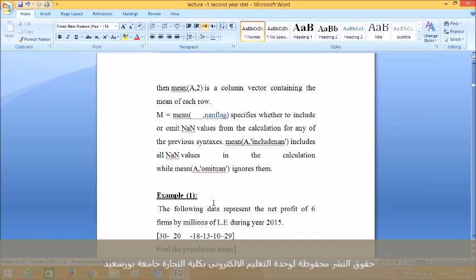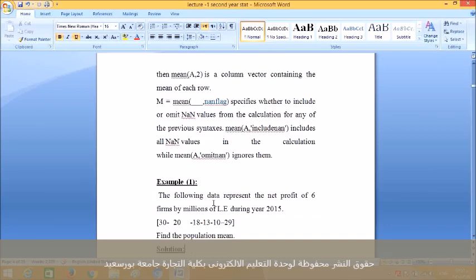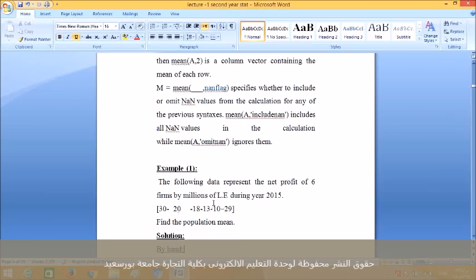Find the population mean, means it's not a sample, it's not a part of population, but these are all elements in the population, all elements. So you have to use the formula for population.